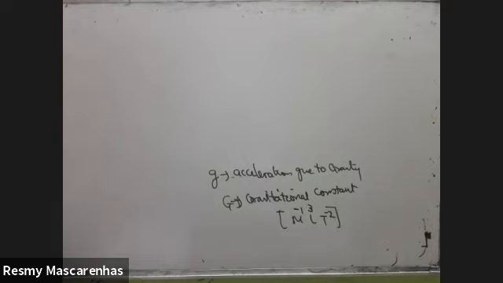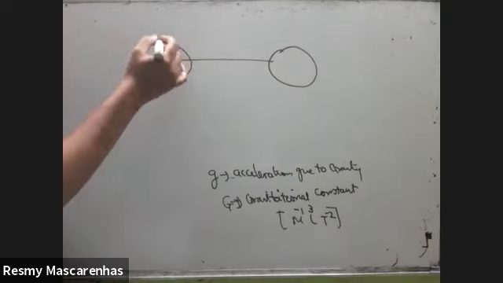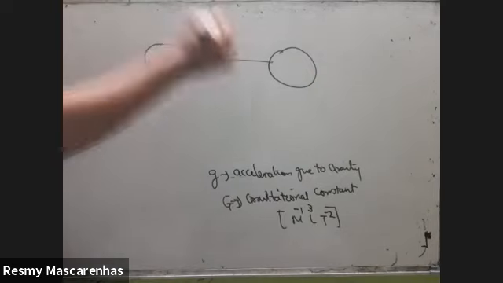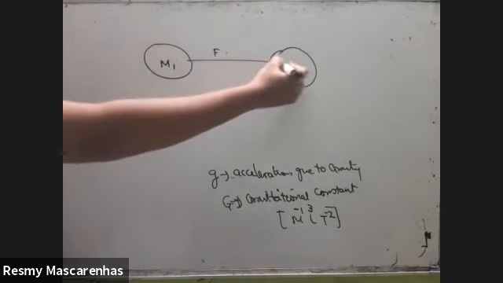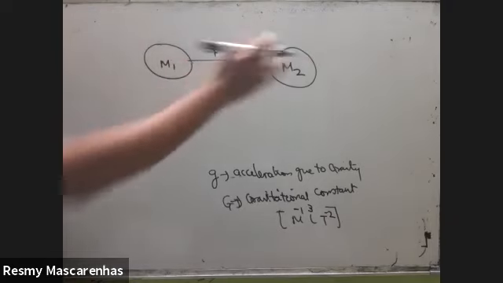Later in physics, we will come across this formula. Suppose you have any two planets, there will always be some kind of force between them. Suppose this one's mass is m1, this one's mass is m2. Any two bodies, okay? Suppose this is another planet and this one.